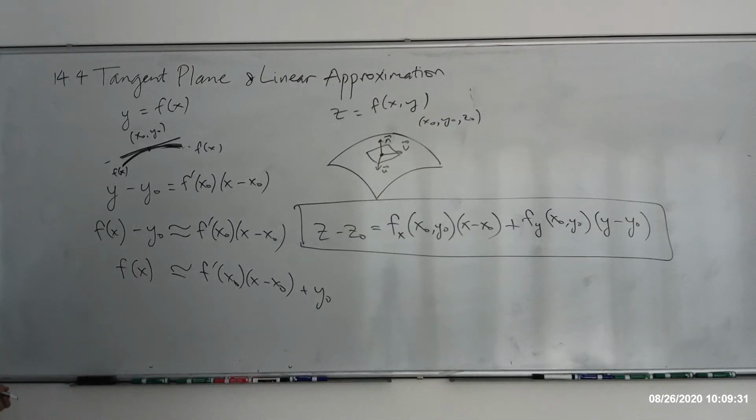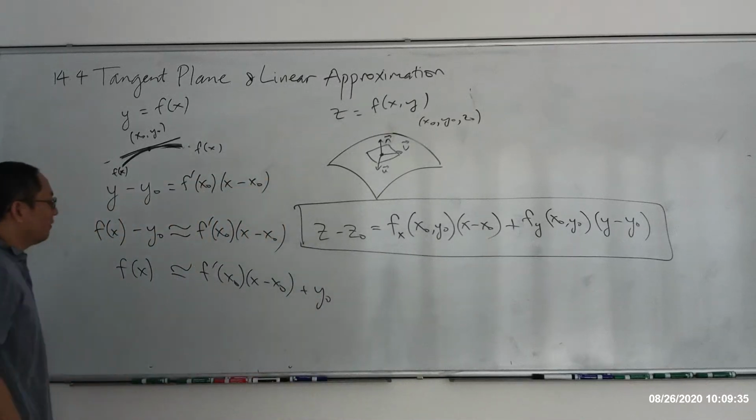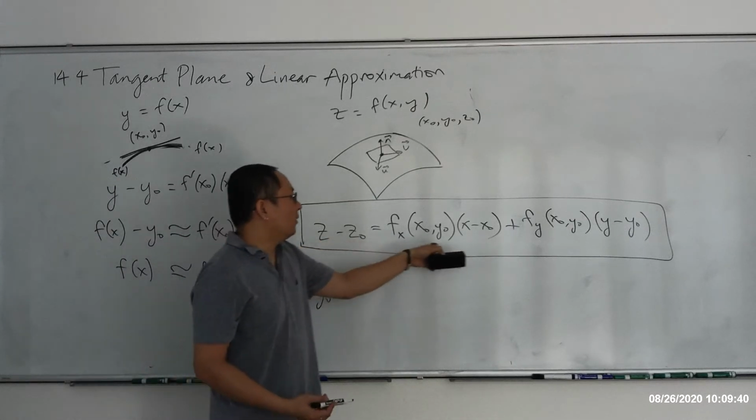So close to that point, x naught, y naught, the curve can be approximated using this formula. That's what it's saying. And similarly, right here, you carry over from Calculus 1. You have this right here. So this is really the tangent plane.